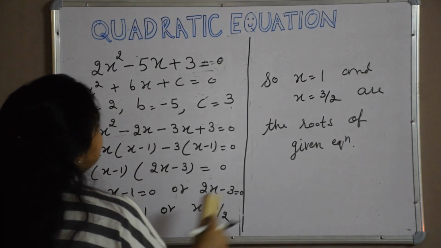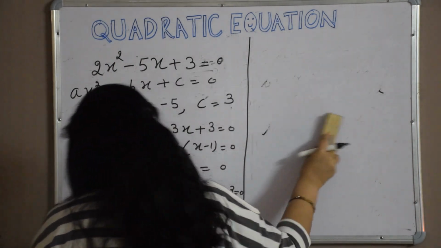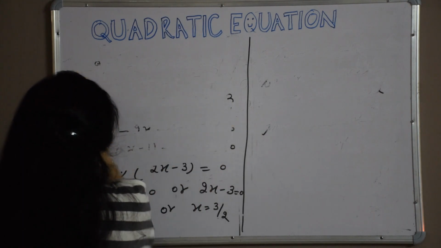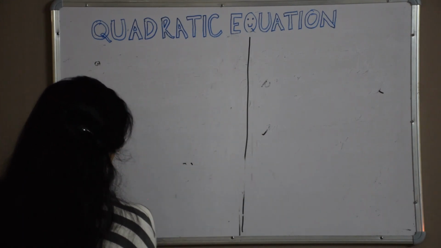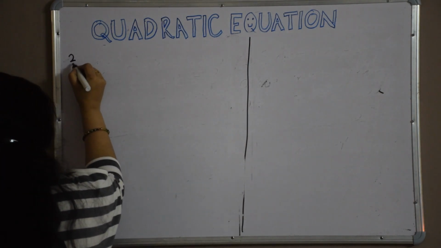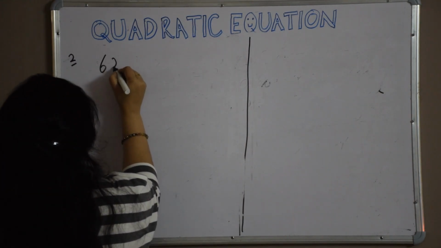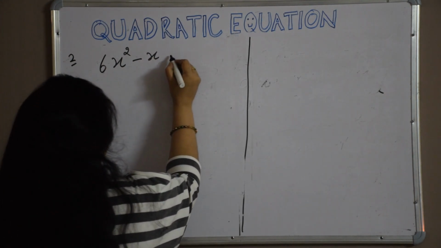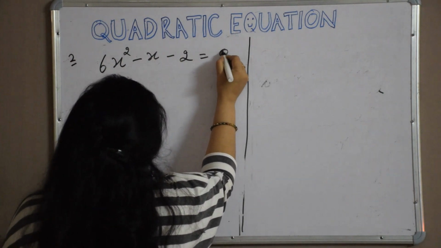Now we will consider another example. 6x square minus x minus 2 equals 0.